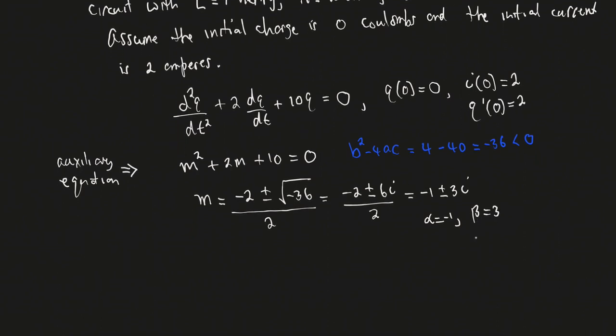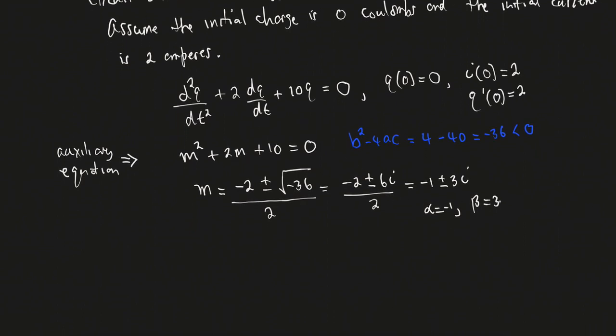So now, since it's homogeneous, we have what we need to write down our basis and then our general charge function. As a reminder, this is the basis or fundamental set: e to the alpha t, and we're using t, not x, because it's a function of time. So e to the negative t cosine of 3t, and then e to the negative t sine of 3t.